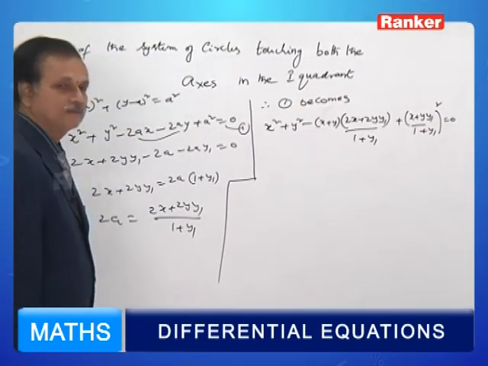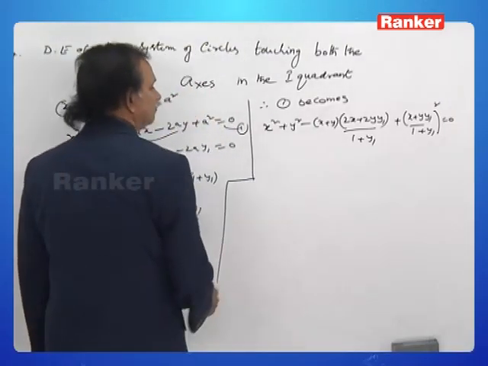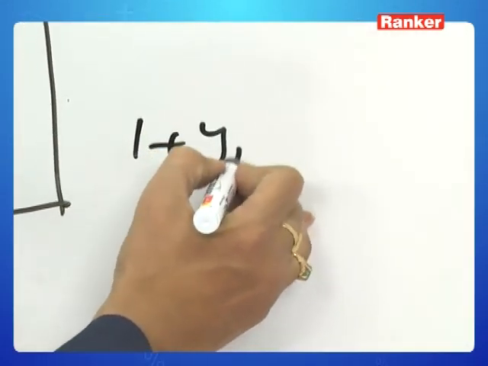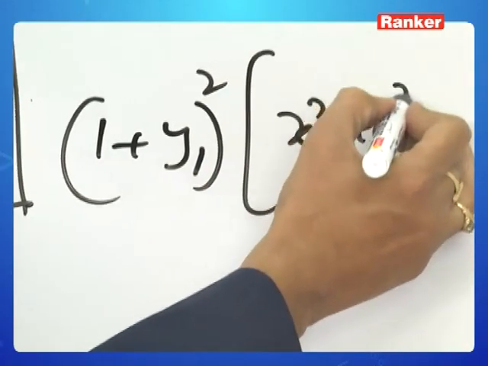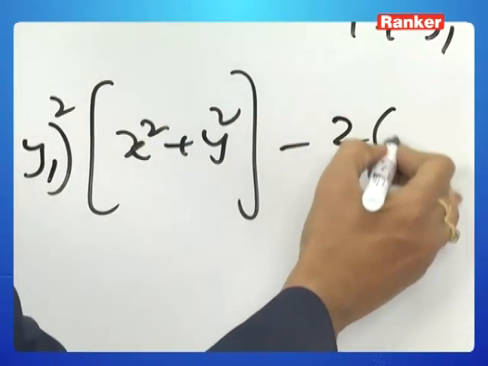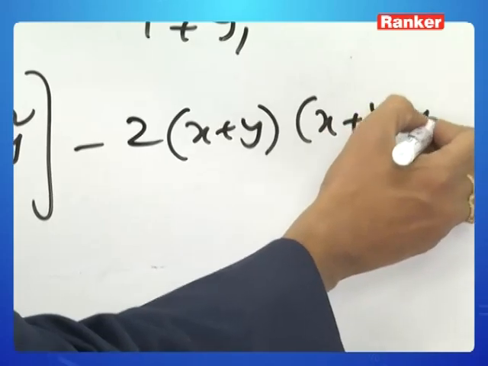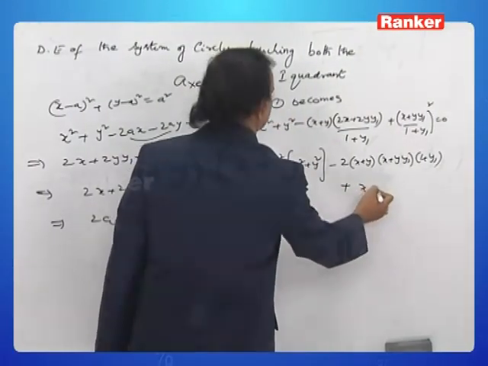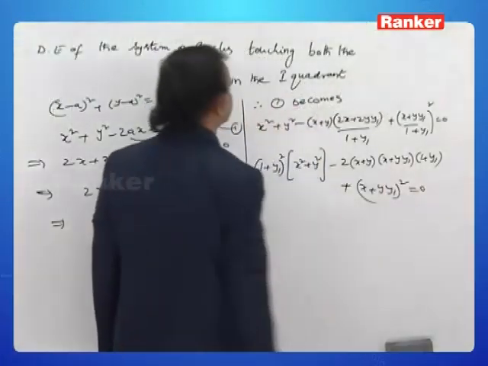That is the equation. And to get it simplified, you have (1 plus y1) whole square into (x square plus y square) minus 2 into (x plus y) into (x plus y y1) into (1 plus y1) plus (x plus y y1) whole square is equal to 0.